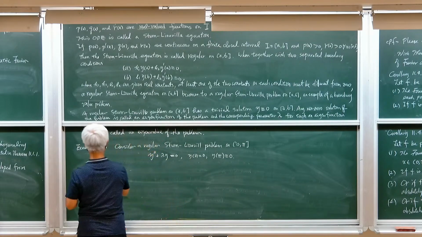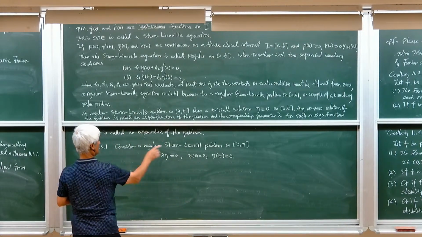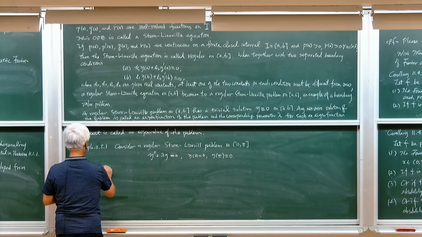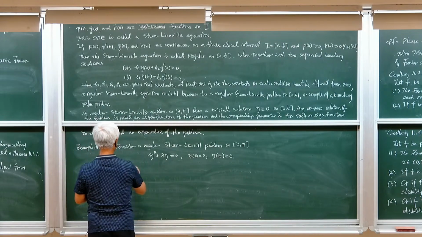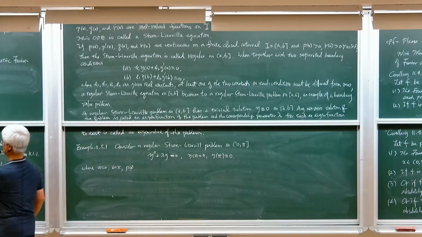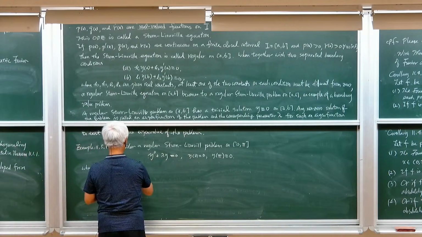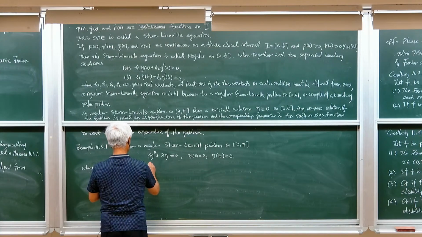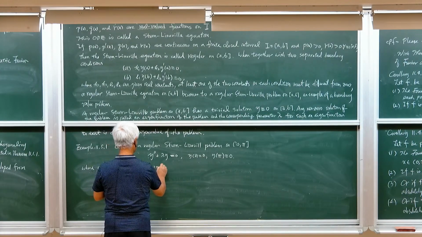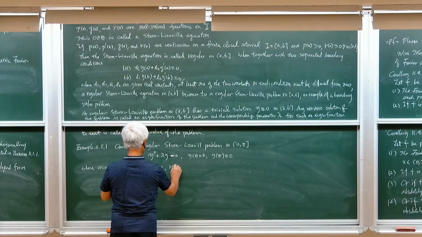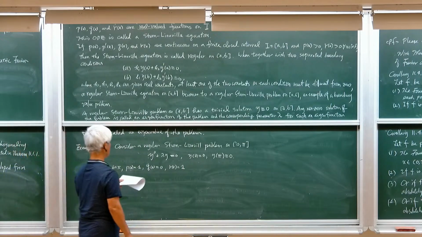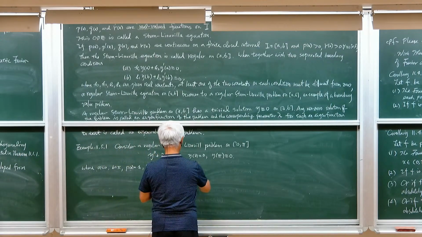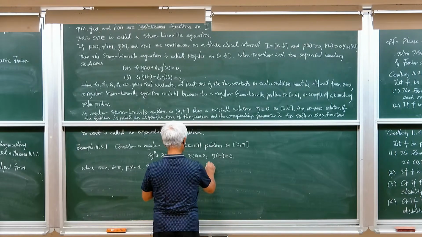Now here, the interval has a equal to 0, b equal to pi, and p of x equal to 1, q of x equal to 0, and the weight function equal to 1 for all x in 0 to pi.